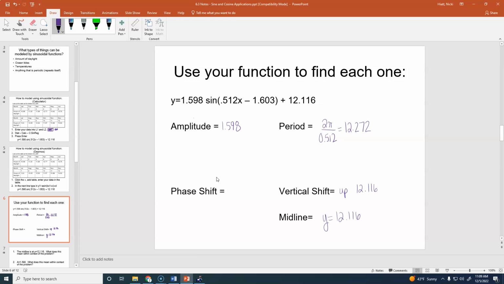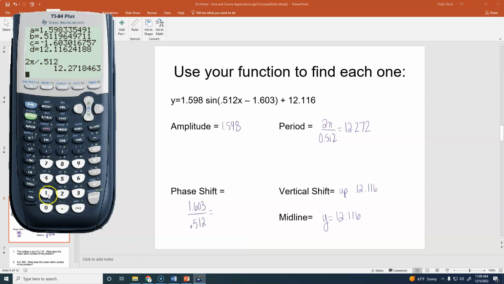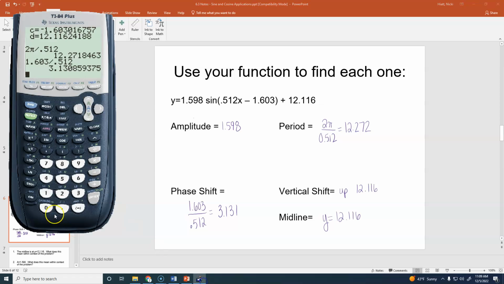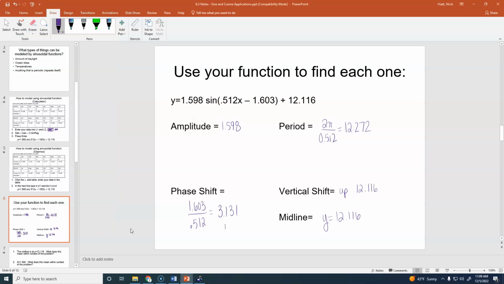And then our phase shift is just going to be 1.603 divided by 0.512, 3.131. I think that one would be to the right. Yep.